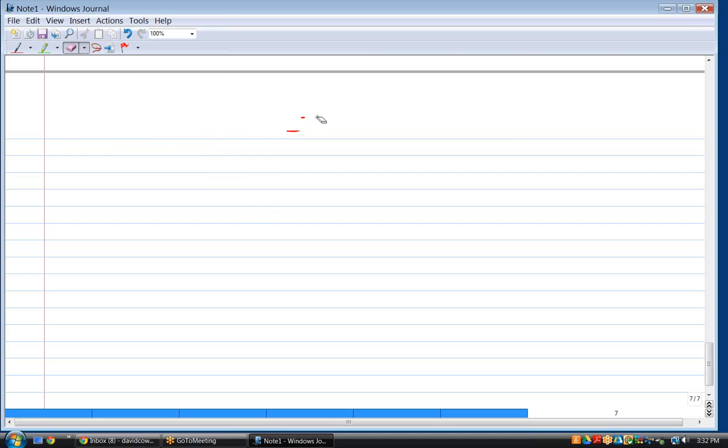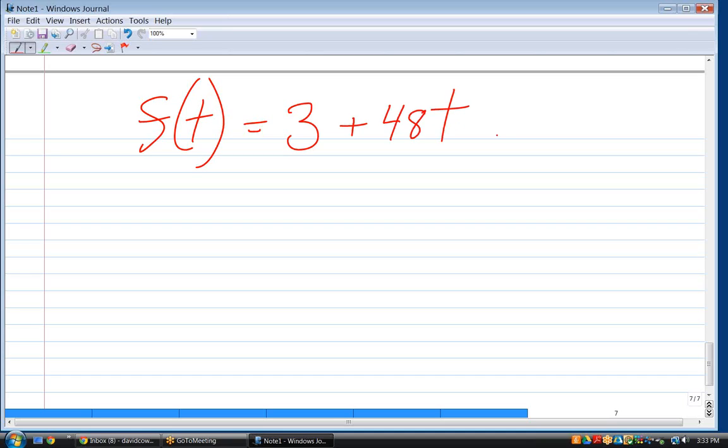You said, what do they call it? f of t. f of t equals 3 plus 48t minus 16t squared. Okay. f of t being the height at any point in time.